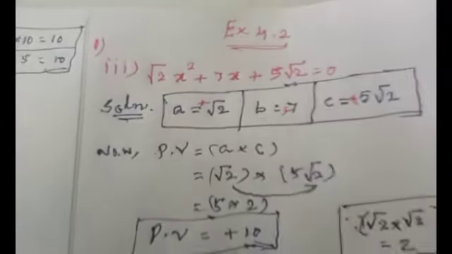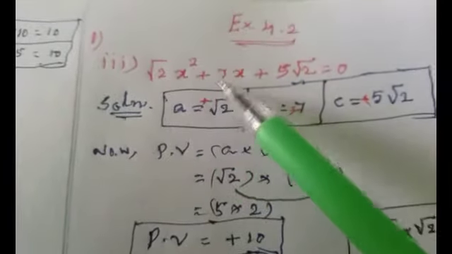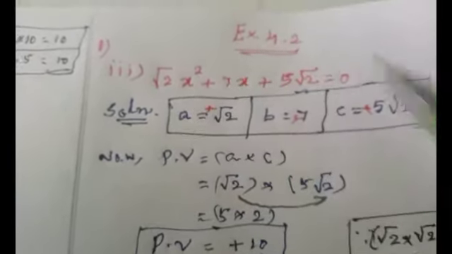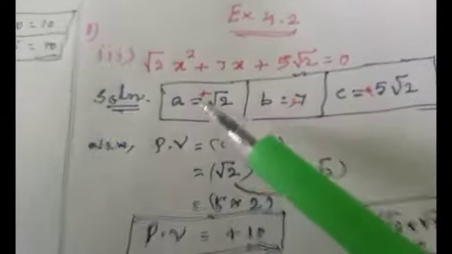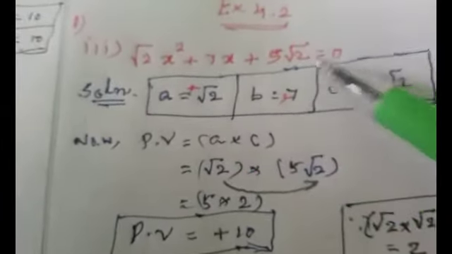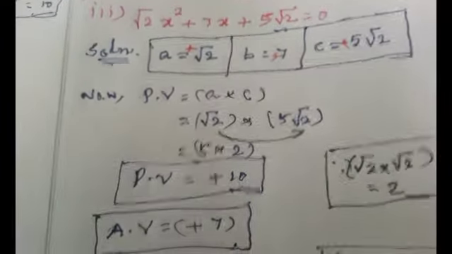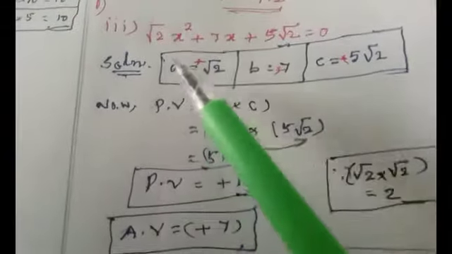First Roman letter, third subdivision. It is given that root 2 x square plus 7x plus 5 root 2 is equal to 0. Now let us consider a is equal to plus root 2, b is equal to plus 7 and c is equal to plus 5 root 2. Now the product value means a into c.